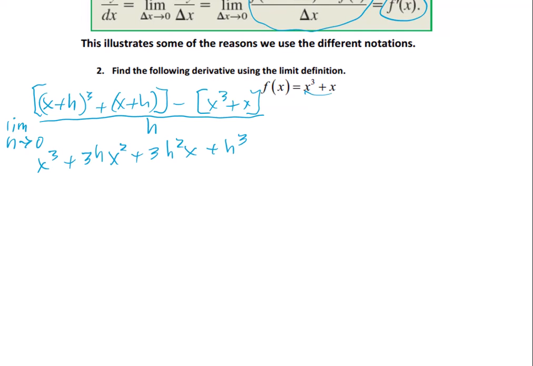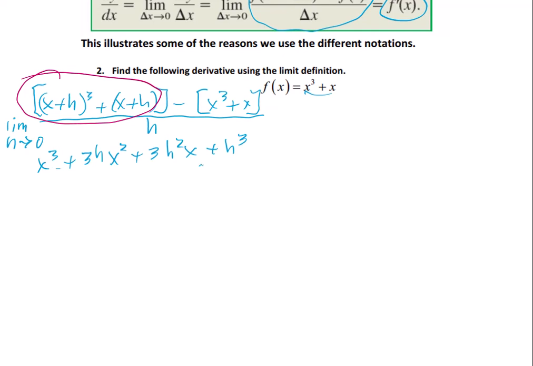That's what I get when I do this part right here. Now, you can FOIL all that out. If you want to know how I got that without foiling it, just ask me. It's pretty cool the way that works. But that's what you're going to get.